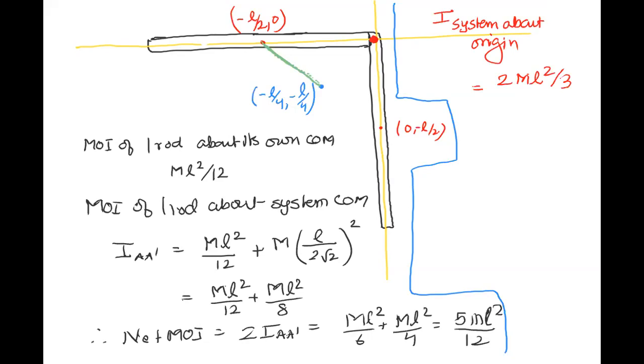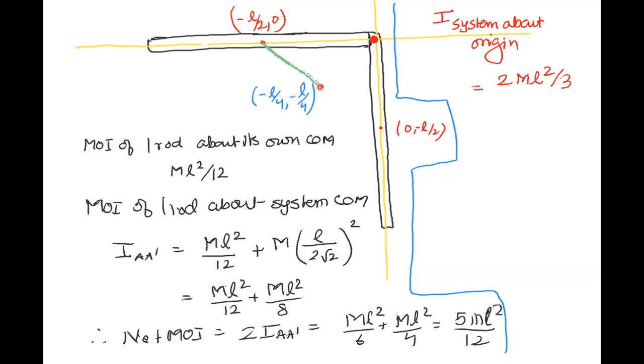Now here is the catch. You know the moment of inertia about this axis, but you want to find the moment of inertia about this axis, right? Know about this axis, want to find about this axis. Are the two axes parallel? First question. Second question: does one of the axes pass through the center of mass?